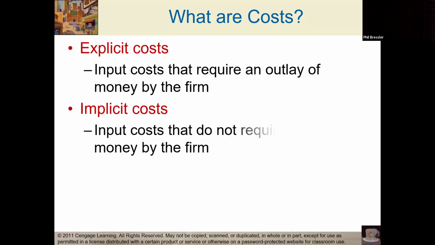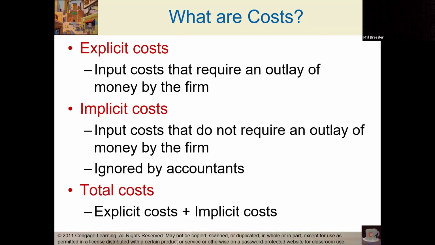Okay. He then talks about explicit and implicit cost. And again, I'll look at the practice test with you. Explicit costs are inputs that cost money, inputs that require an outlay of money. Think rent, think food, think labor. You've got to pay money for those inputs. That's an explicit cost.